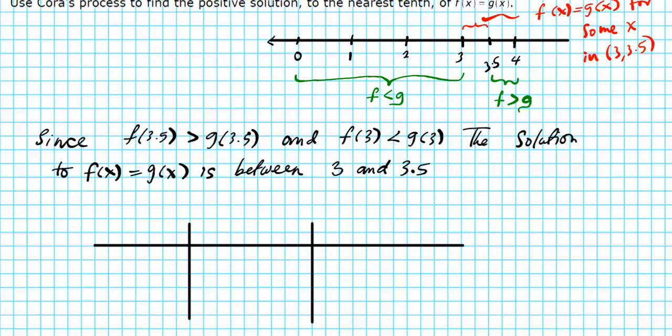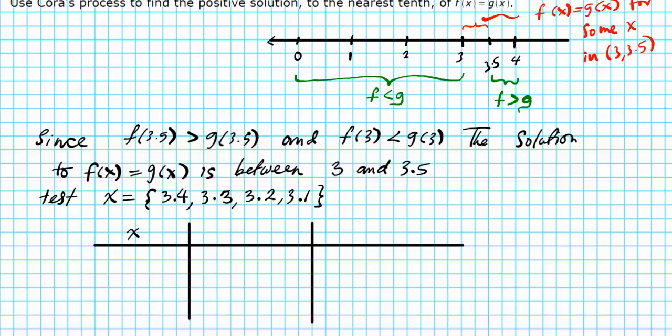So we're just going to pick 3.1, 3.2, 3.3, 3.4 as our test values, since we're just looking at the first decimal point. Let's start from 3.4 and work our way back: 3.4, 3.3, 3.2.